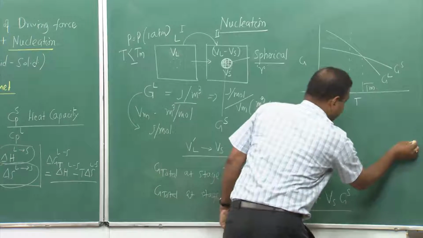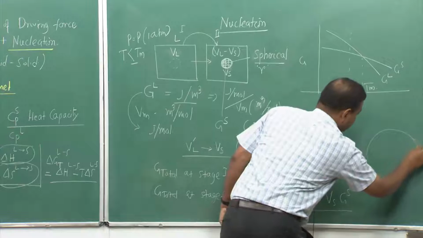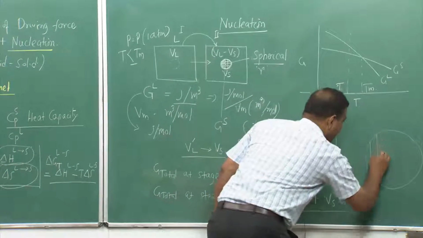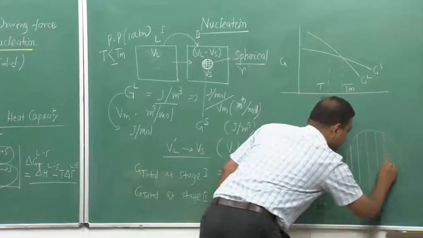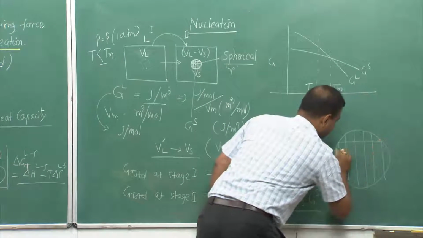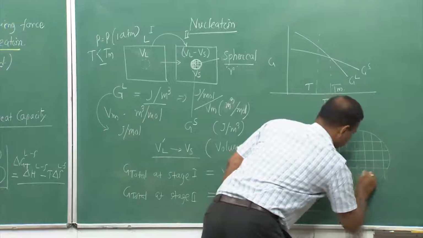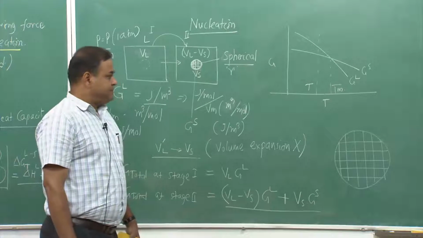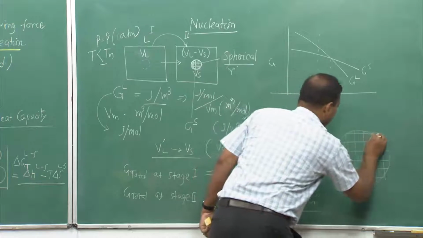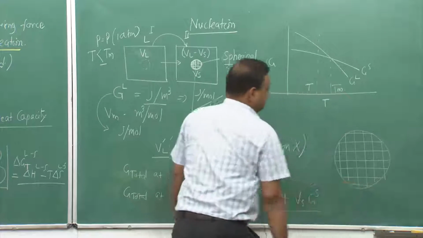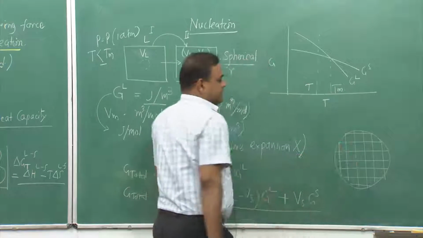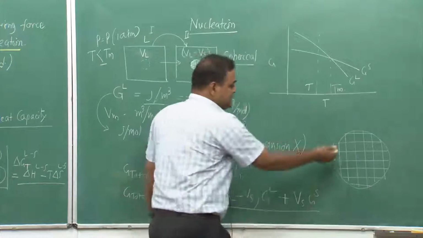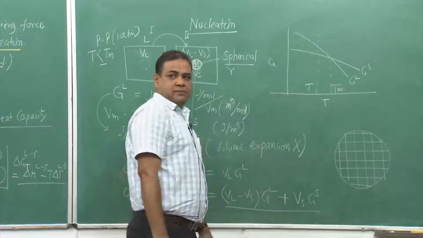Now let us blow up this particular section. This is my blown up part. So I draw all those lattice planes of a crystal. I have drawn those lattice planes. Now if it is a regular arrangement, and I consider a two dimensional lattice, this length and this length both are the same.